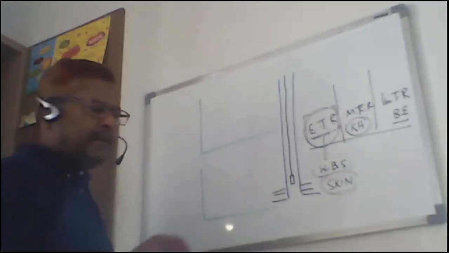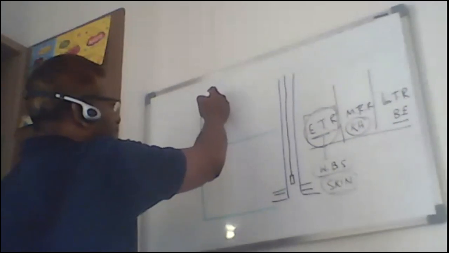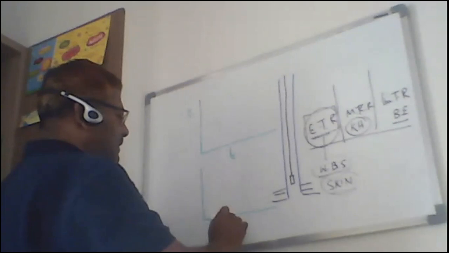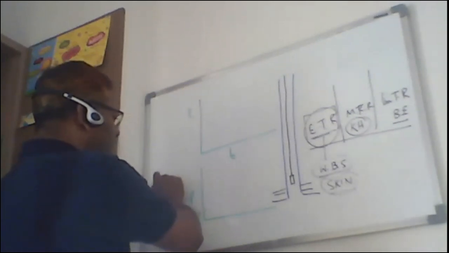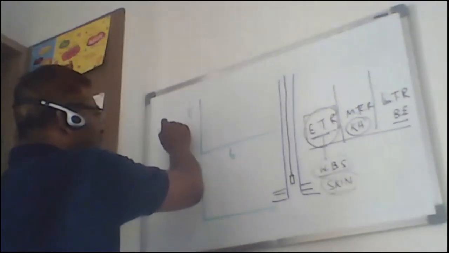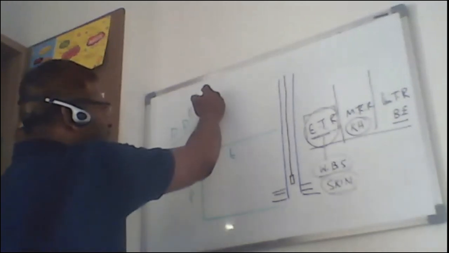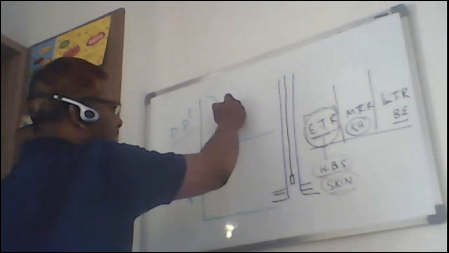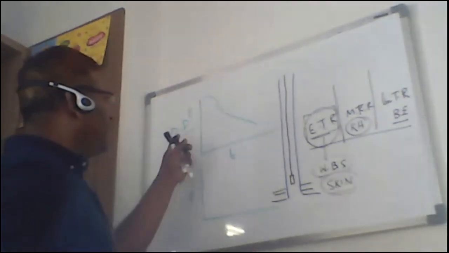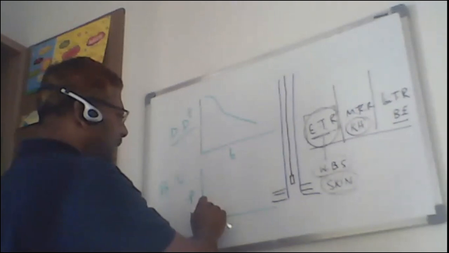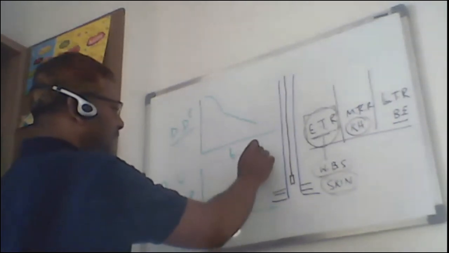Visible, no? So in case of drawdown study, I do pressure versus time, and for build-up study, pressure versus time. This is build-up and this is drawdown. So in case of drawdown, we got a graph like this, isn't it? Pressure versus time, and in this case we got a graph like this.